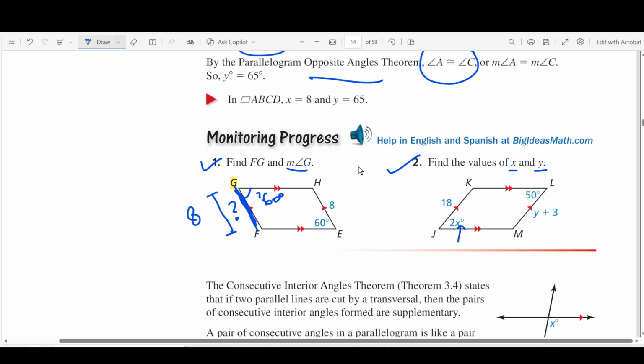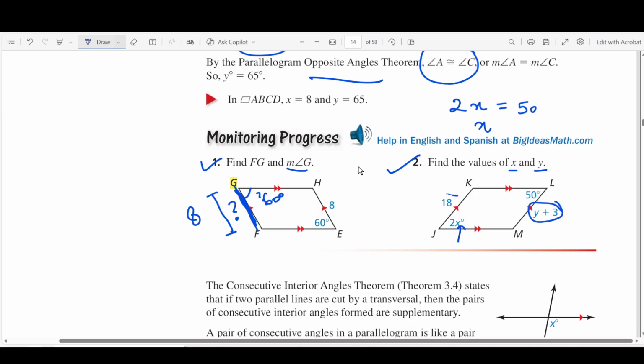Let's first find x. 2x is 50, this is equal to 50. And y plus 3 is 18. Very good. y plus 3 is 18.